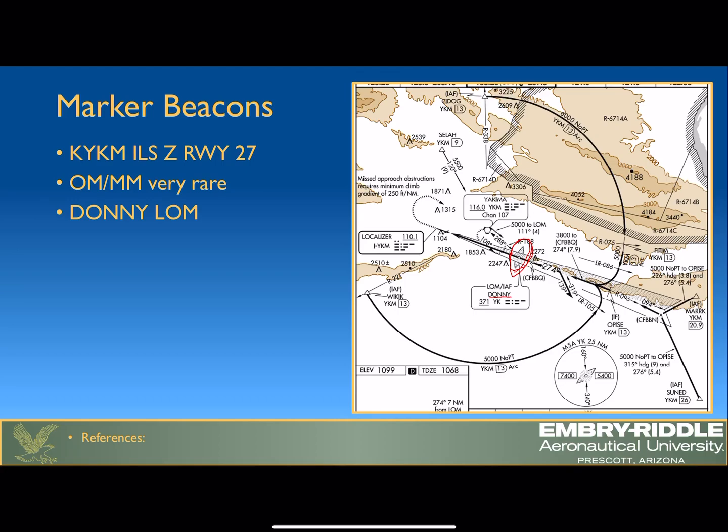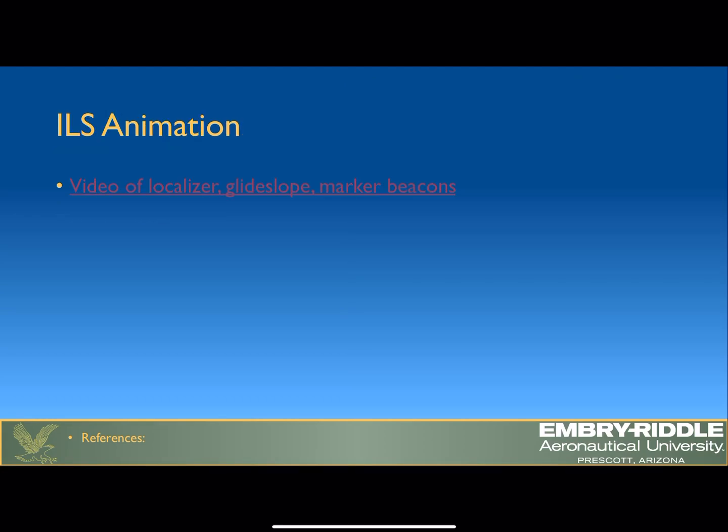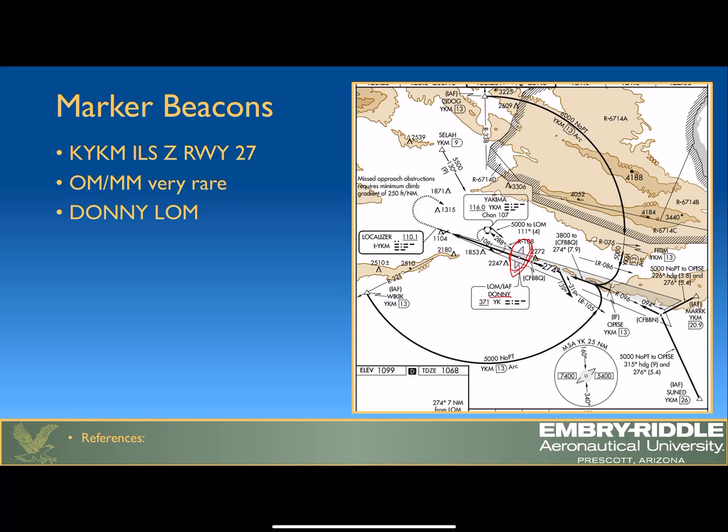Outer markers and middle markers are starting to become very rare. They're not very common anymore, mostly because GPS is taking over. There's no point in making these, because these are physical radio stations that have to be built off the approach ends of the runway.